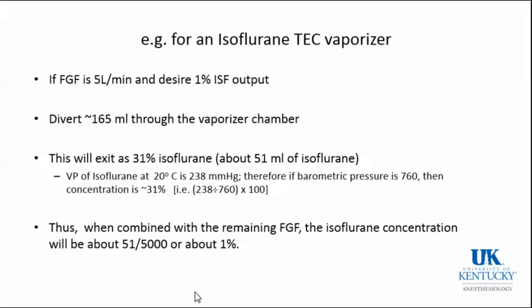So if the fresh gas flow is 5 liters a minute, and you want 1% isoflurane, then you divert about 165 cc's through the vapor chamber. This will exit at 31%, or about 51 cc's of isoflurane. And when you combine the two, you end up with 1% going to the patient.